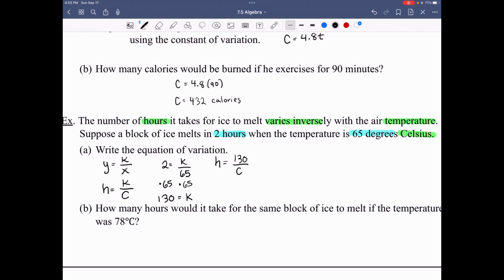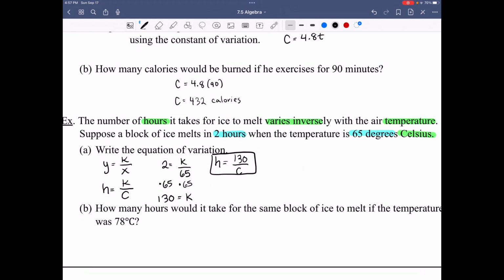In your groups, I want you to solve for B, which is asking how many hours would it take for the same block of ice to melt if the temperature was 78 degrees. Do that in your groups.